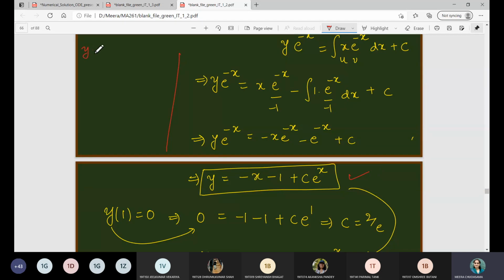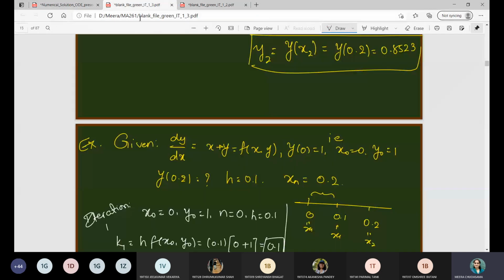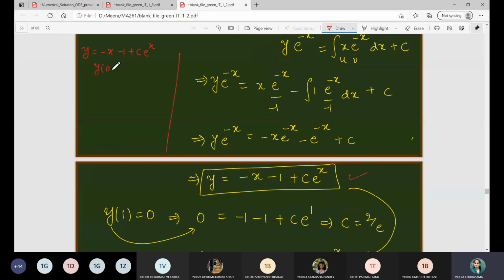So here you can see that y is equal to minus x minus 1 plus c e raised to x, which is given in this example. See, the example is the same, just the initial condition is differing over here. So y of 0 is equal to 1, means at x is equal to 0, y value is 1. Let me substitute it.